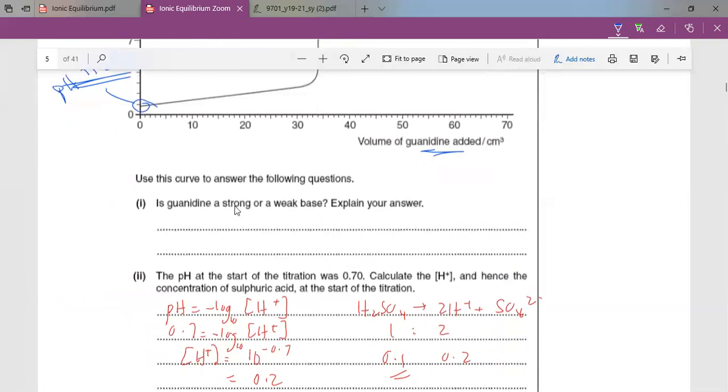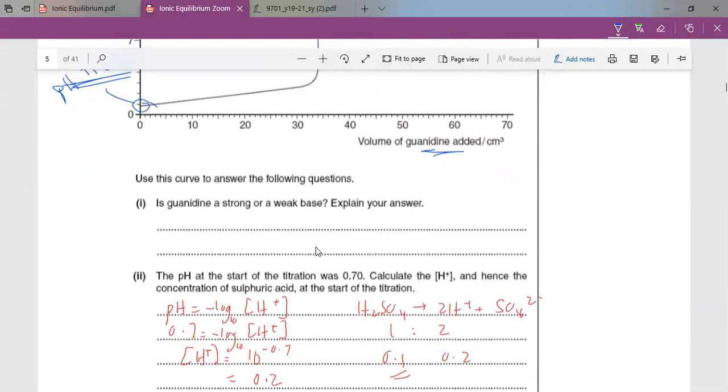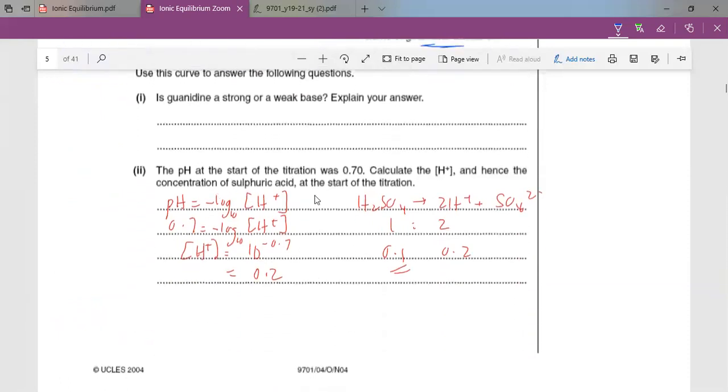Okay, strong or weak base, you can see here 14, is it? So it's a strong base. The pH at the start, because can't see very clearly, they say it's 0.7. Calculate the H plus concentration and hence the concentration of sulfuric acid at the start. So the pH is equal to this one here, and you anti-log it, you get this one here. That means for H plus.